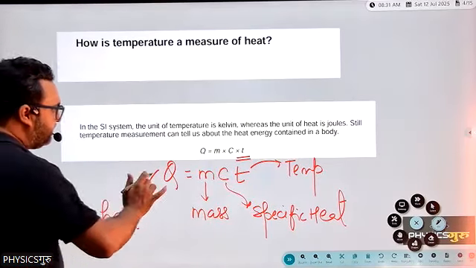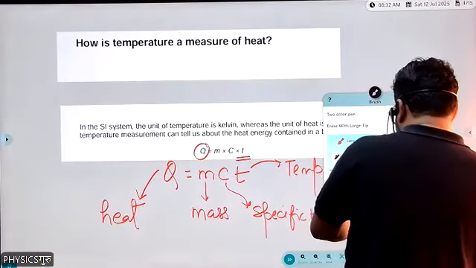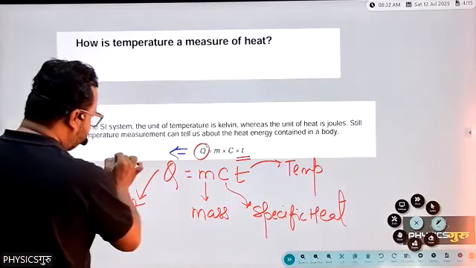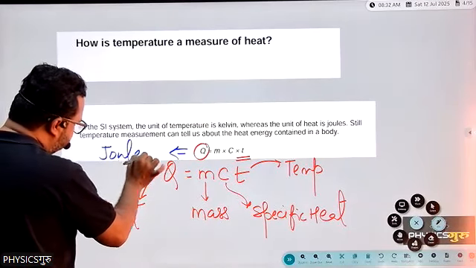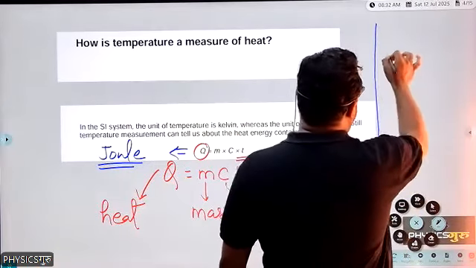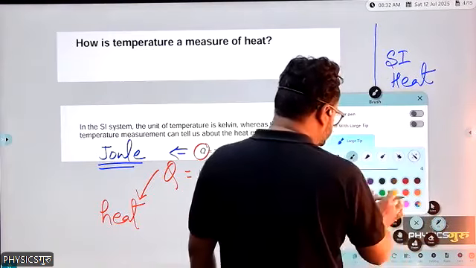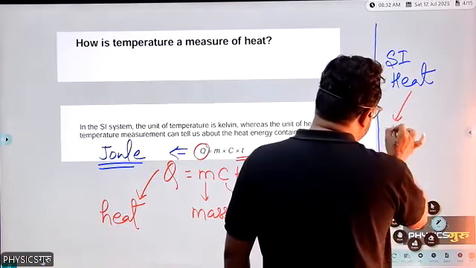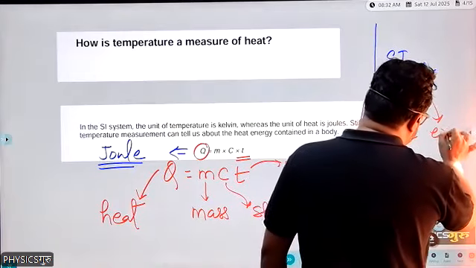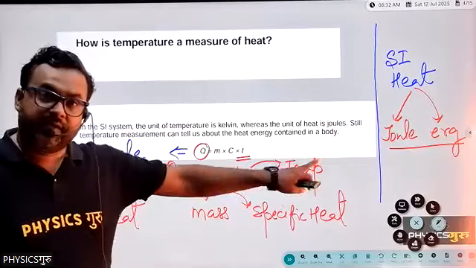Now it is important to note the unit of heat, Q. As we know, the SI unit of heat is joule, while the CGS unit of heat is erg. This is only for your general knowledge.